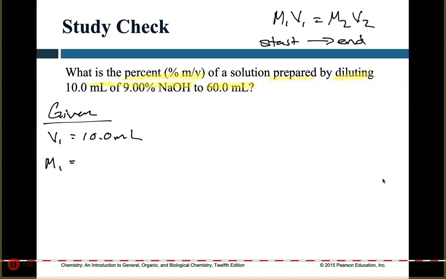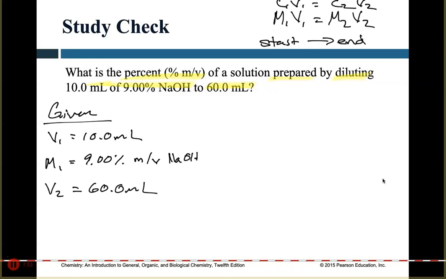I'm not too worried about that, right? Like we've said a bunch of times now, those two equations are 100% interchangeable. My initial concentration was 9% mass per volume, sodium hydroxide, and I'm diluting to a final volume of 60 mils.